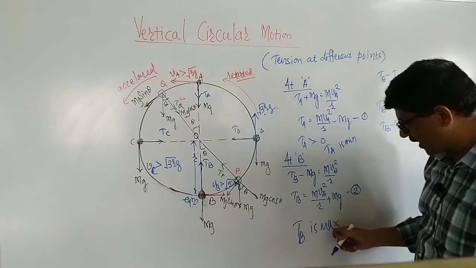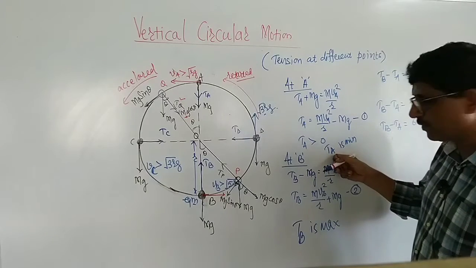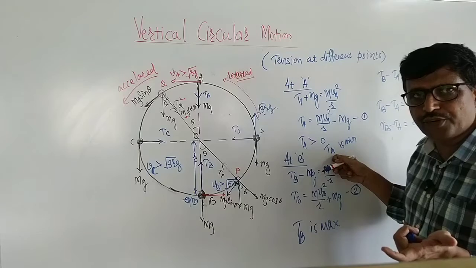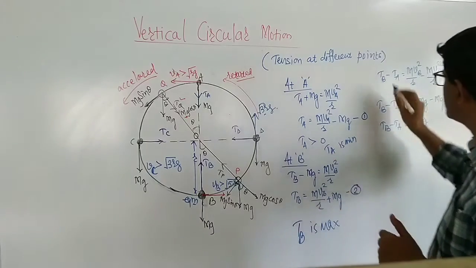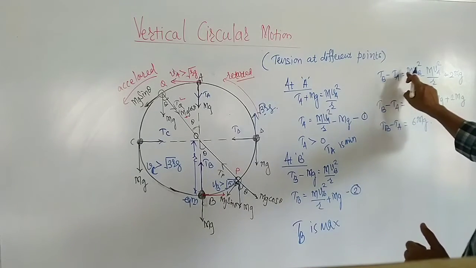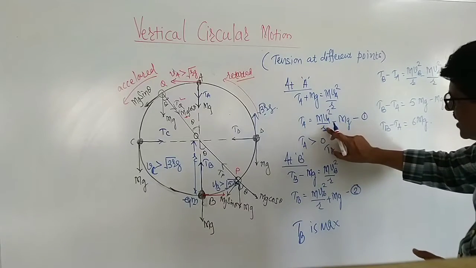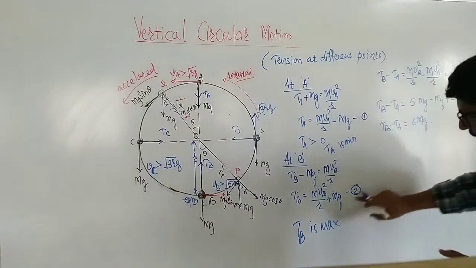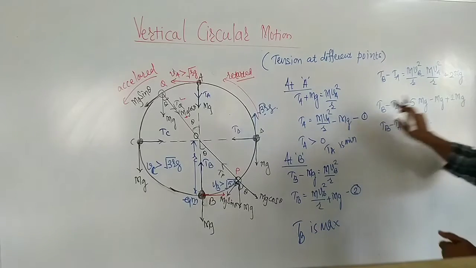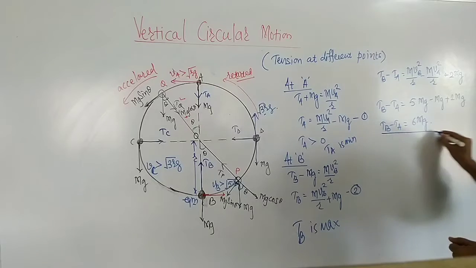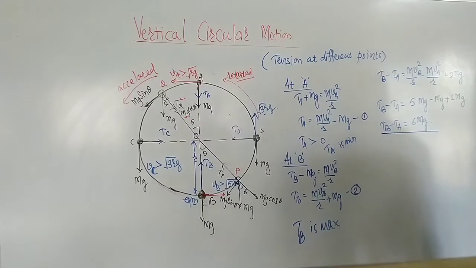The difference of maximum and minimum tension, TB minus TA, is equal to m vb square minus m va square by r, then plus mg plus mg, which is 2mg. By solving this, you will get TB minus TA is equal to 6mg.